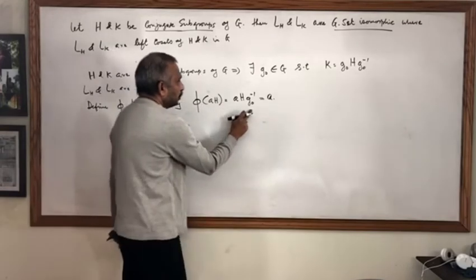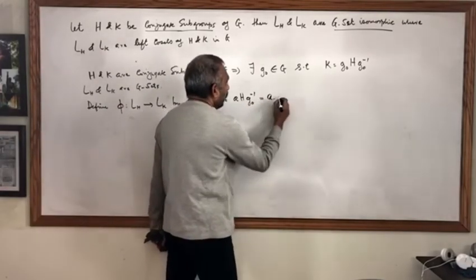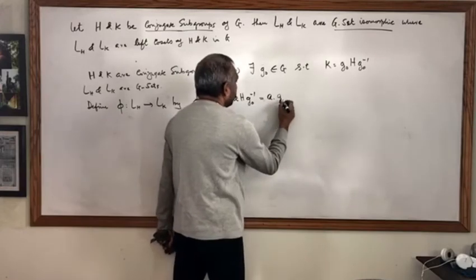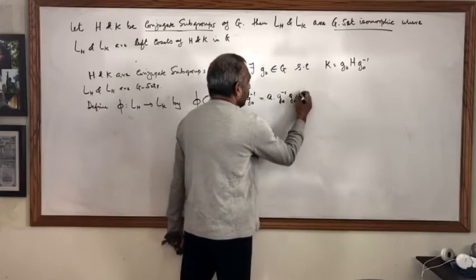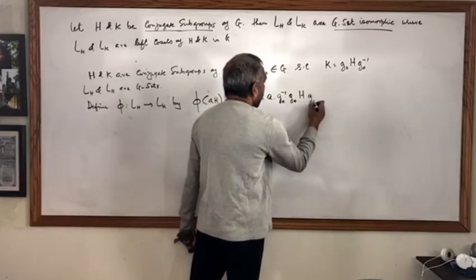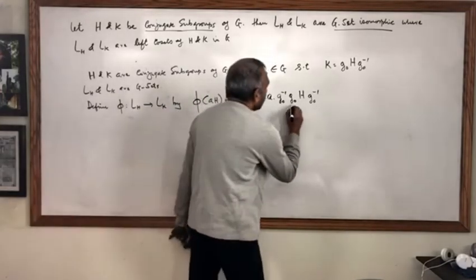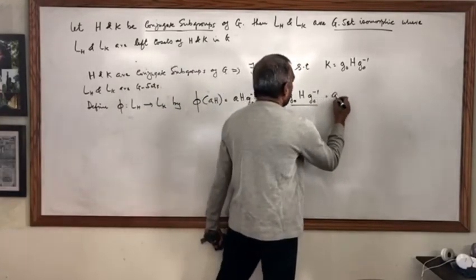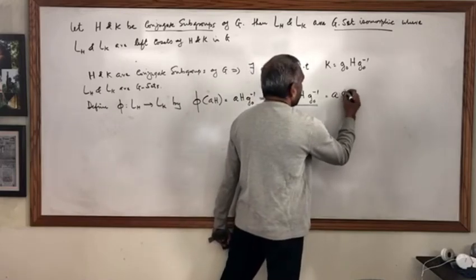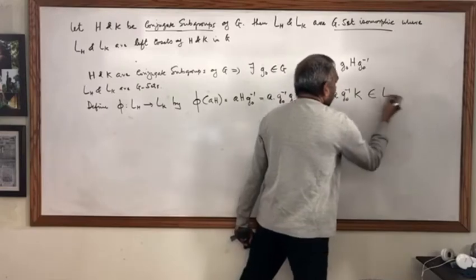That's what we want to show. This is equal to A. Now I'll put G inverse G0. This is actually E and H and G0 inverse. And this is our K. So this is actually equal to A G0 inverse K, and that means this belongs to LK.